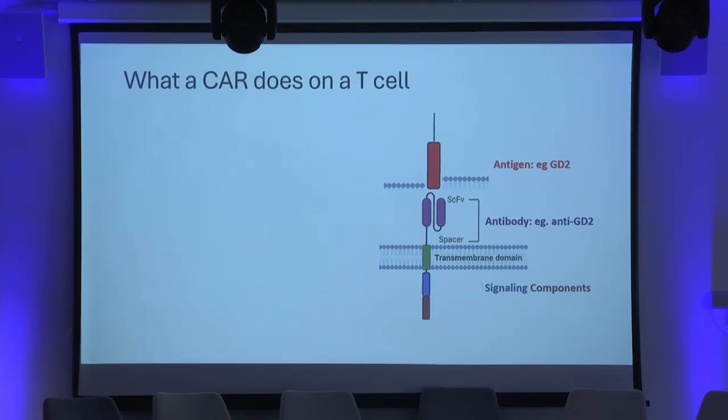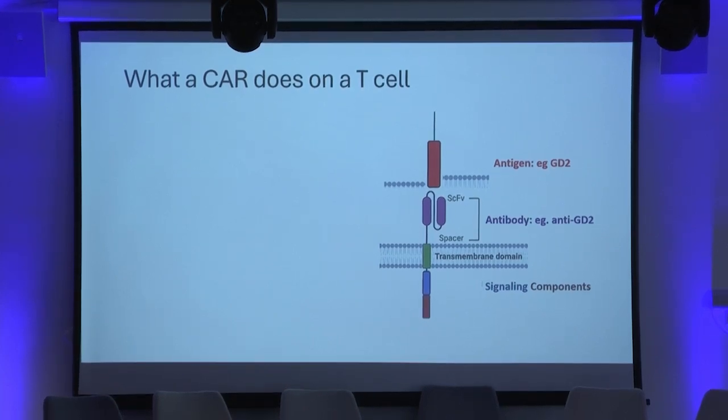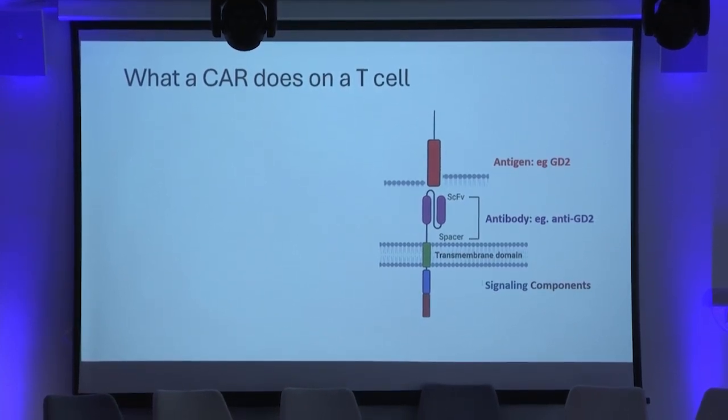So we heard already about antibodies binding to GD2, anti-GD2 antibodies. This is basically what we do in CAR T-cell technology. We take the antibody part of an anti-GD2 antibody and put it into a single protein, half of which is outside the cell, half of which is inside the cell.